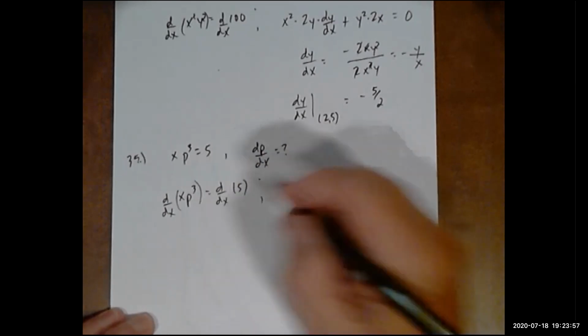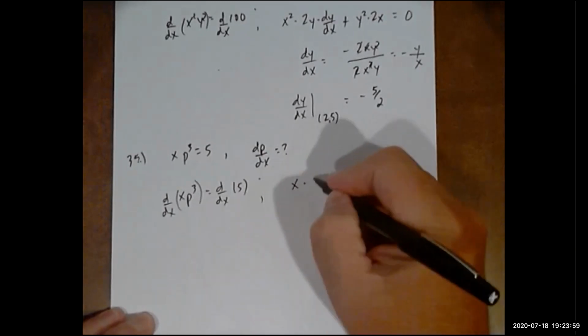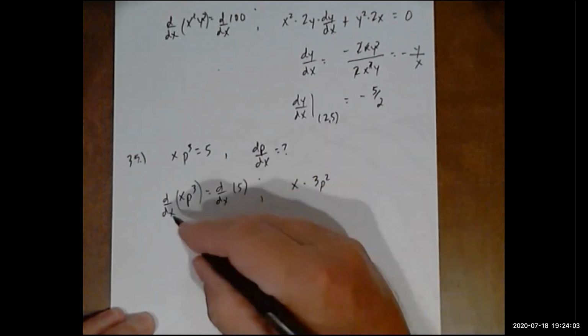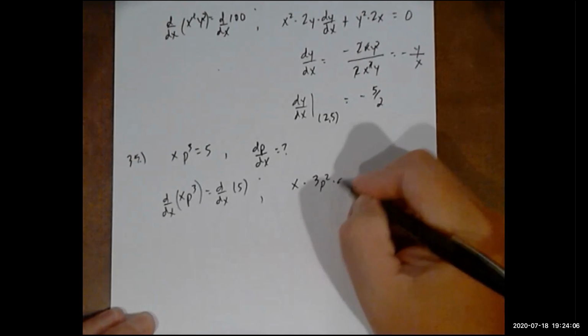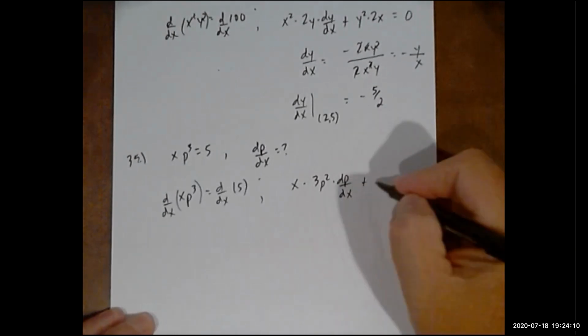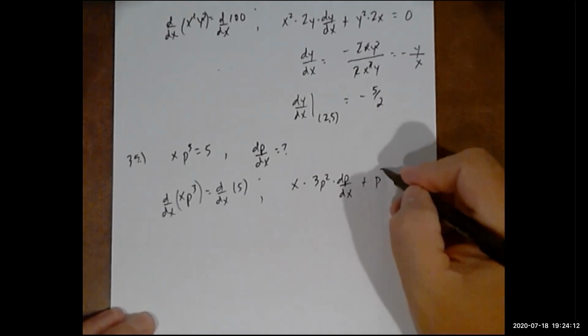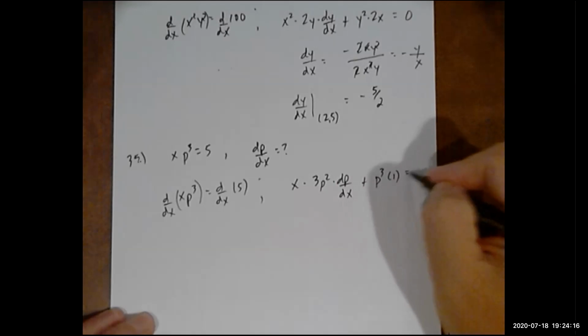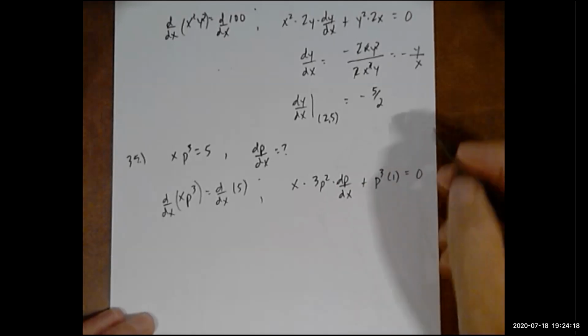Got your product rule here: first times the derivative of the second. Now, since this variable is p, which is different than x, you have to tack on the dp/dx. Second half of the product rule, the second times the derivative of the first, which is just 1. Derivative of 5 is 0.